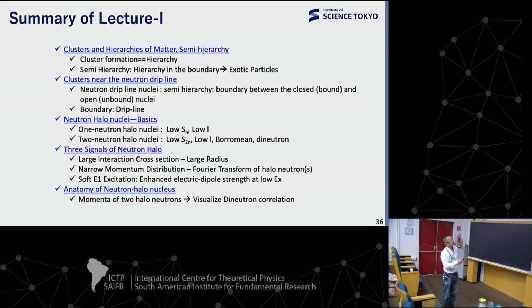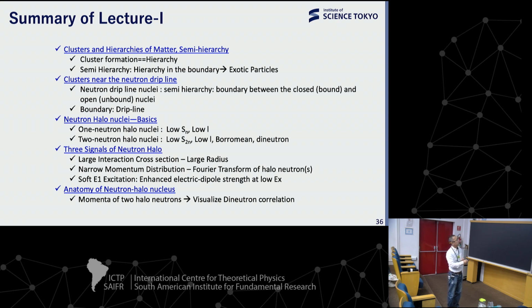And in the neutron dripline regions, we see some interesting clusters like dineutron related to neutrons. And I showed neutron halo physics, neutron halos, 1 neutron halo nuclei, 2 neutron halo nuclei, and especially for 2 neutron halo nuclei, we are interested in these dineutron structures.